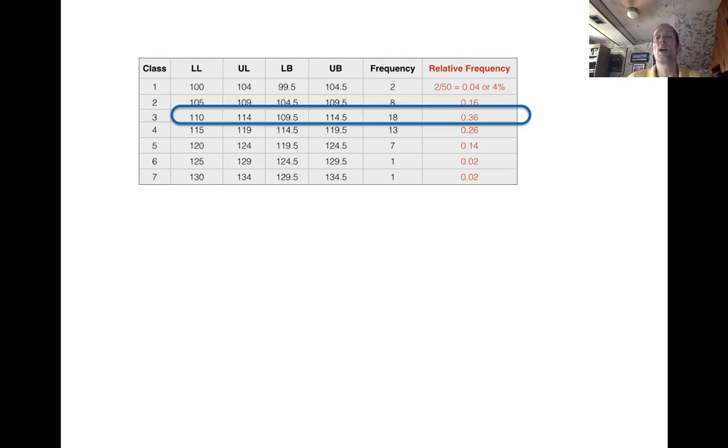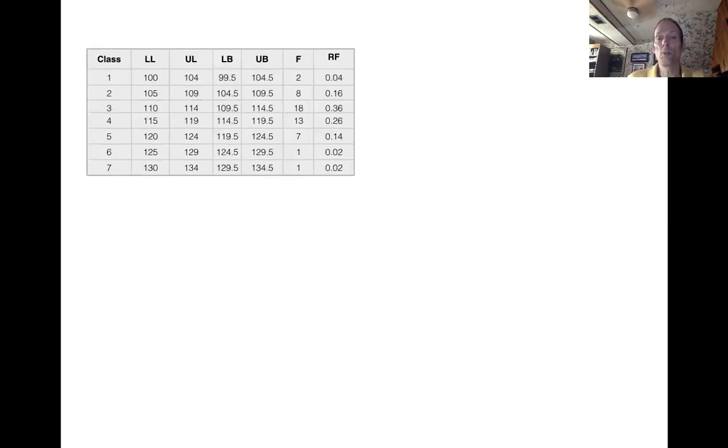Now, something else we might wonder about: by the time we climbed up to 114 degrees, it appears we're almost at half the data, because class 2 was 16%, class 1 was 4%, and class 3 was 36%. Something we can use to quantify the ongoing accumulating total is called cumulative relative frequency, and it helps us do some really cool analysis with the data.